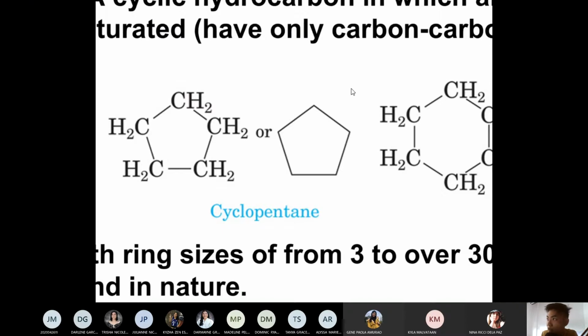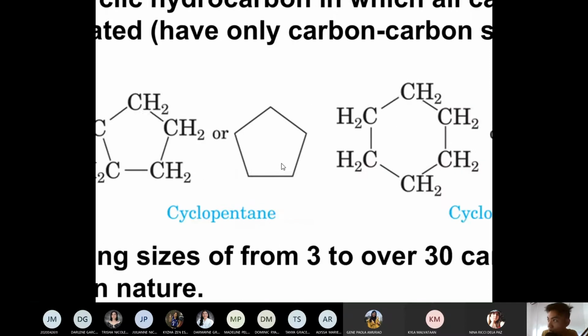However, this is in a ring fashion, so that means we have to affix the prefix cyclo. Cyclopentane. 5 carbon attached as a ring, no? Cyclopentane. Okay? And as usual, puro CH2 yung nasa dulo ng ating circle. Mostly CH2. CH2, CH2, CH2, so on and so forth.